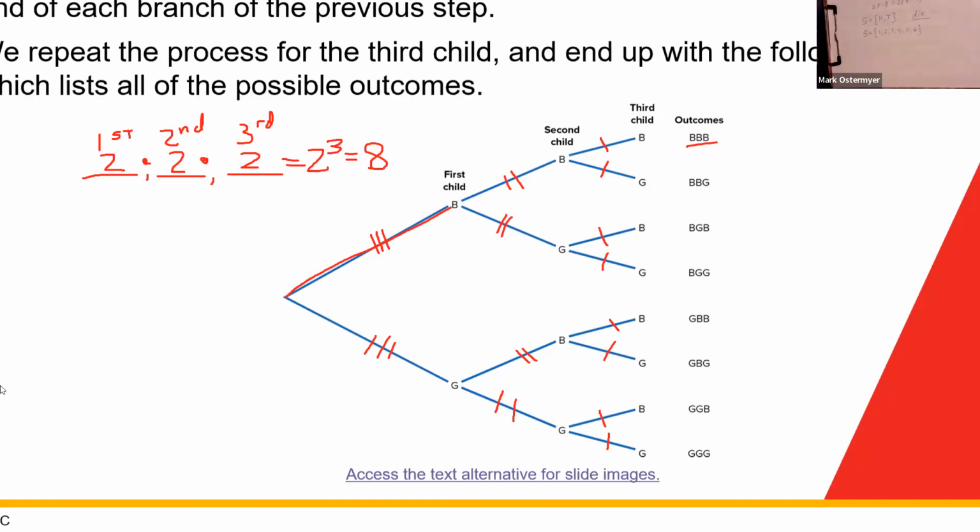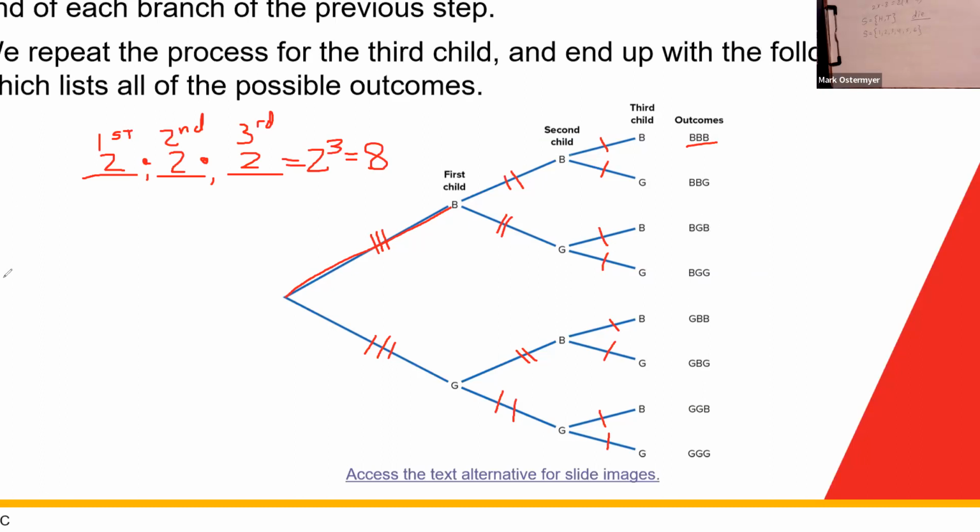Now, ladies and gentlemen, there is another way we could have computed this 8. We could have realized that this is called a permutation, in the sense that order does matter as far as the gender of the children is concerned. In other words, having a boy first, a boy second, and a girl third is considered a different outcome than having a boy first, a girl second, and a boy third.